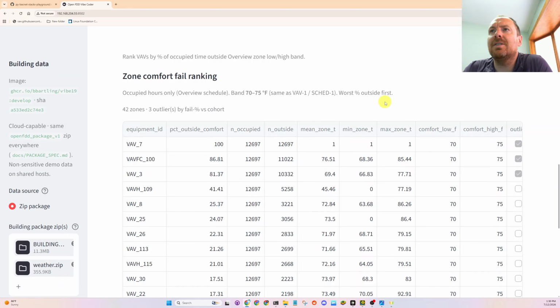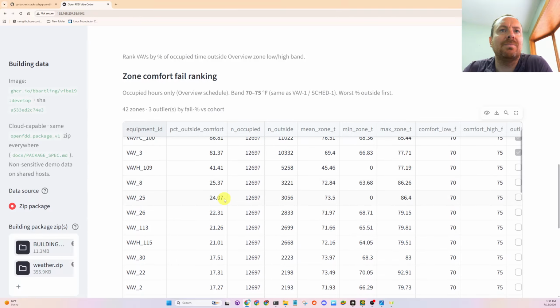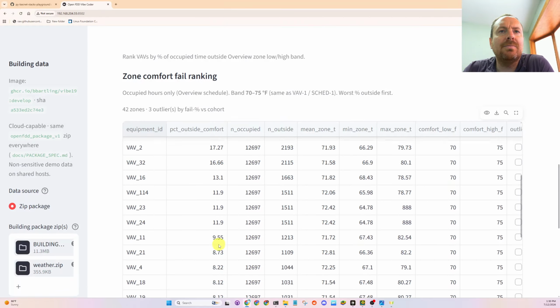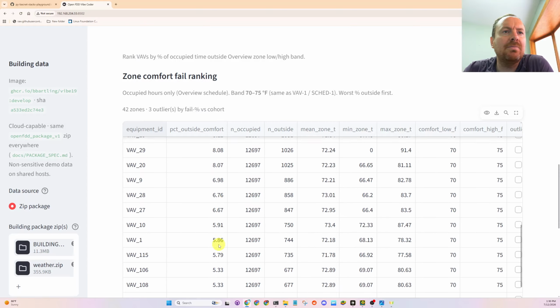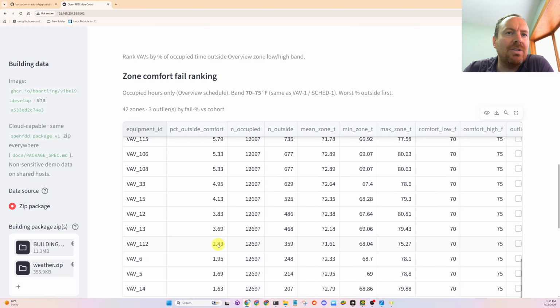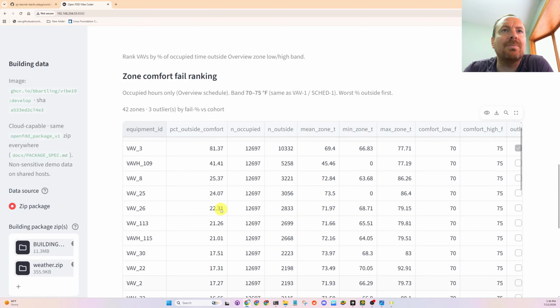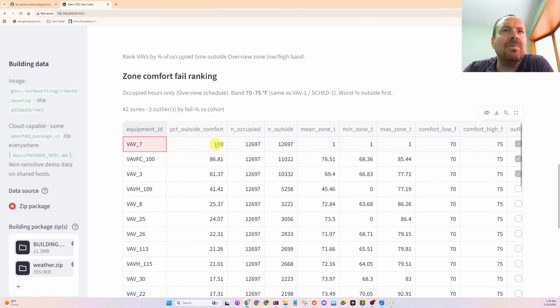Okay, so this is the ranked worst performing VAV boxes based on the percentage of time outside the comfort band of 70 to 75. Most of these do pretty good, but here's these guys right here, VAV 7, VAV fan coil unit 3.